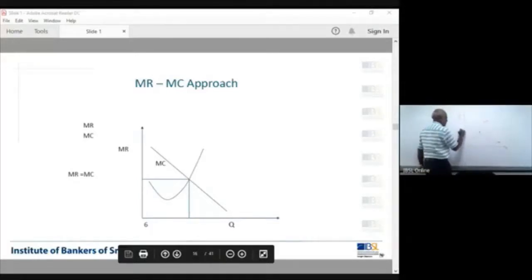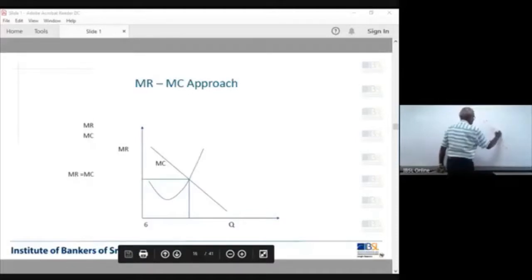The output level is 6. So the profit maximizing output level is 6. At the profit maximizing output level, MR equals MC.